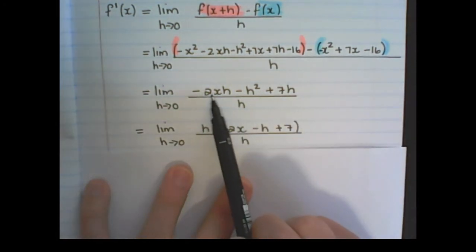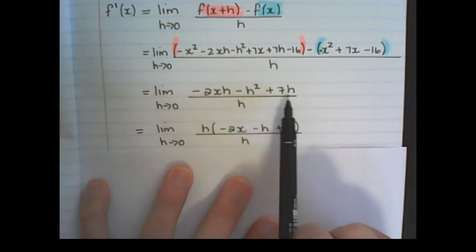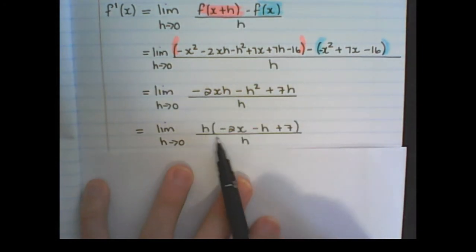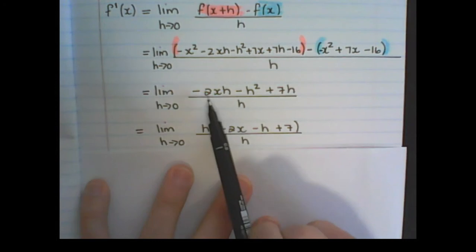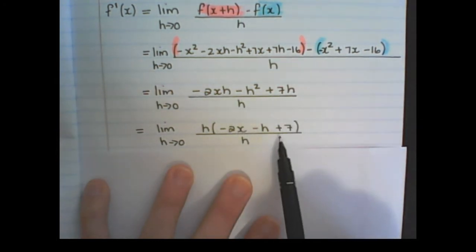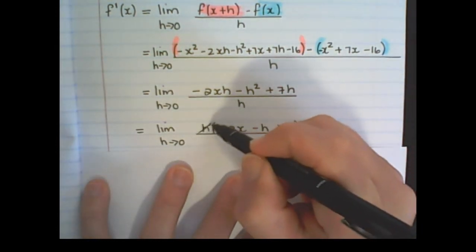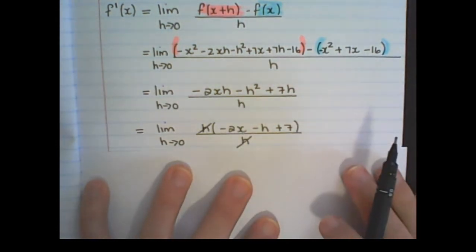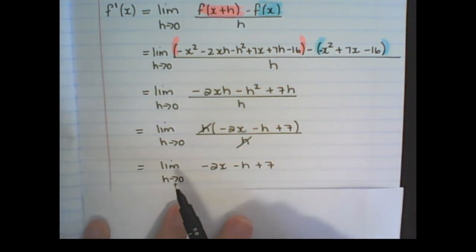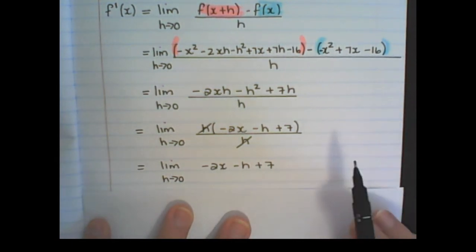What I do see is that all of these terms have an h in. So I take out h as a common factor, and I'm left with negative 2x minus h plus 7. The h's now will cancel out. So I'm left with the limit of h towards 0 of negative 2x, negative h plus 7.